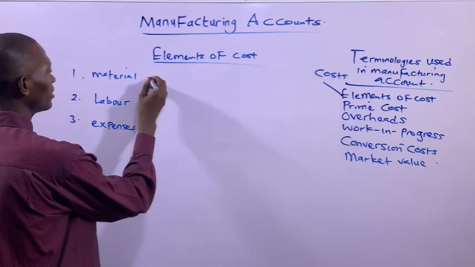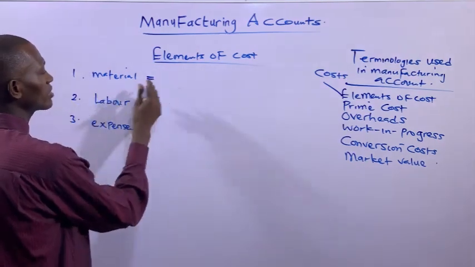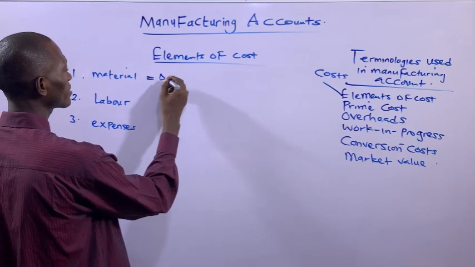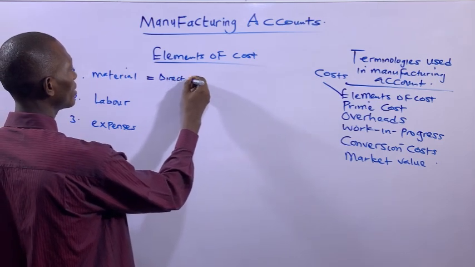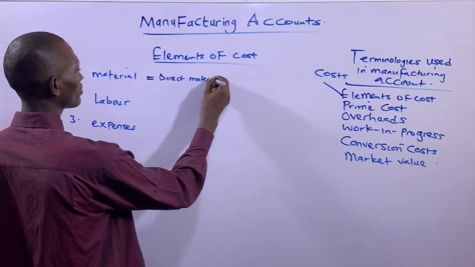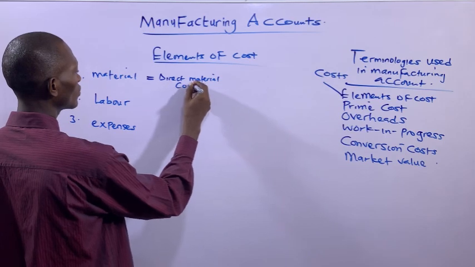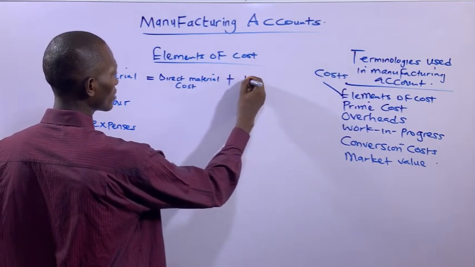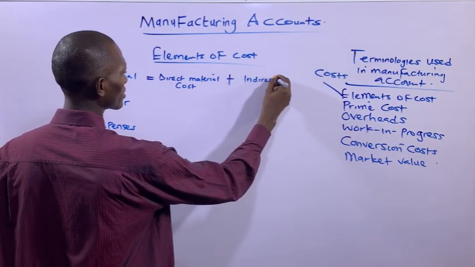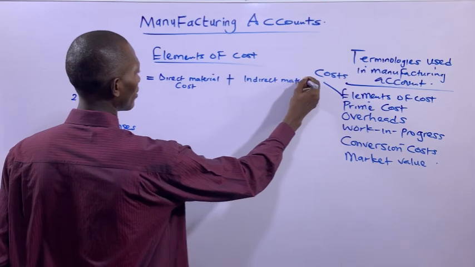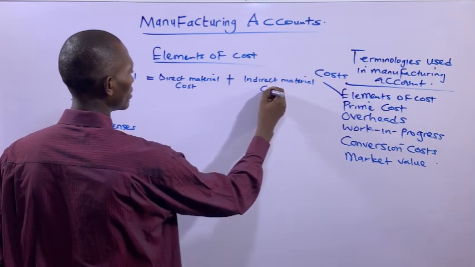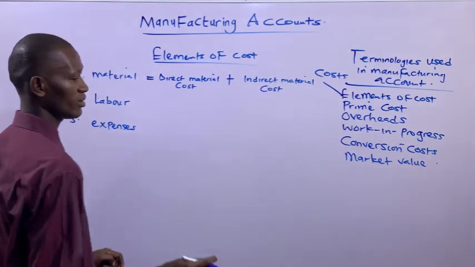So the cost of material can either be direct material costs plus indirect material costs. Can you see now?